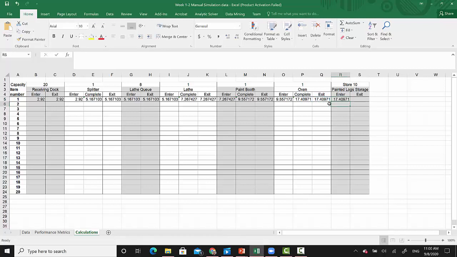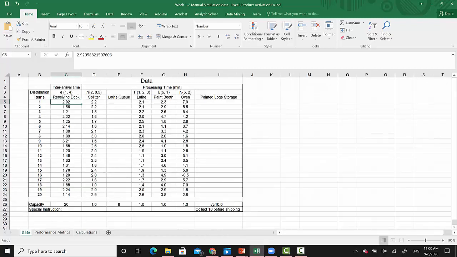However, we'll need to be really careful about this exit time. I mentioned that the first 9 logs need to wait until the 10th log finishes and they exit together, because we have a control logic here that at this painted log storage, they need to collect 10 before shipping them out.